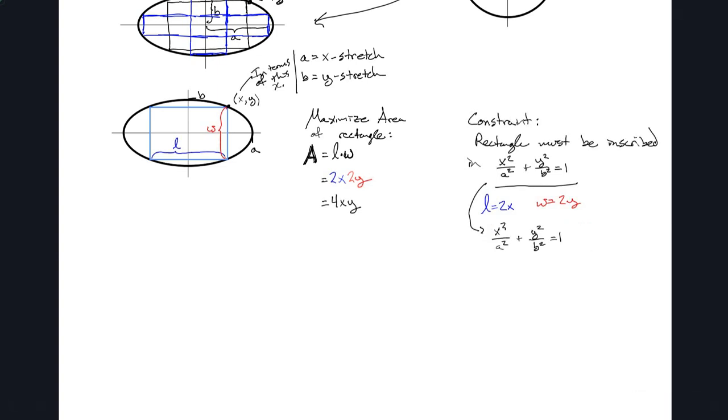Sorry, I'm going to change my mind. I'm going to just subtract that x squared over a squared to the other side first. And then we'll multiply by the b squared. y squared over b squared equals 1 minus. Now multiply times the b squared.